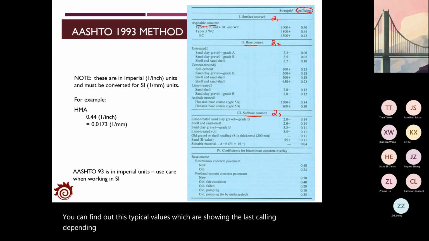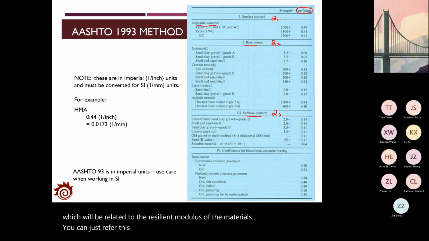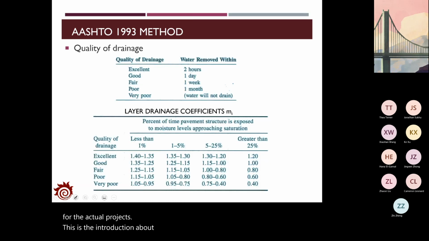This kind of coefficient is highly related to the strengths, which are related to the resilient modulus of the materials. You can refer to these values for future design of actual projects. This is the introduction about the structural number.